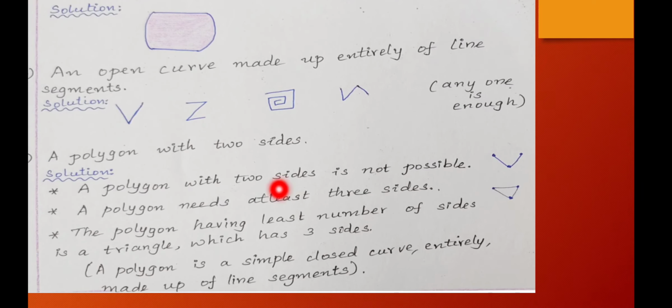Only with two sides we cannot get a polygon. We need at least three sides to get a closed figure. That also, to be a polygon, we need three sides. So, a polygon with two sides is not possible.